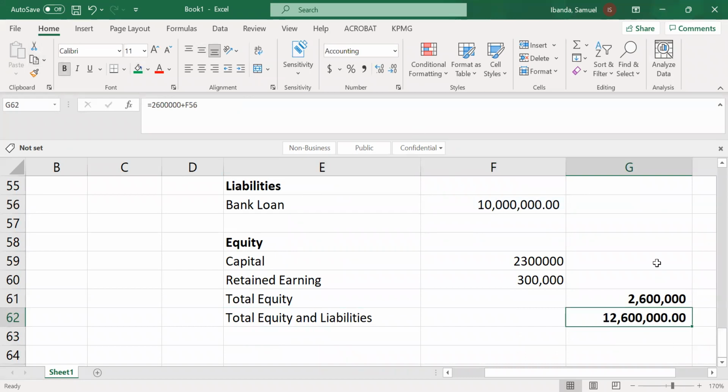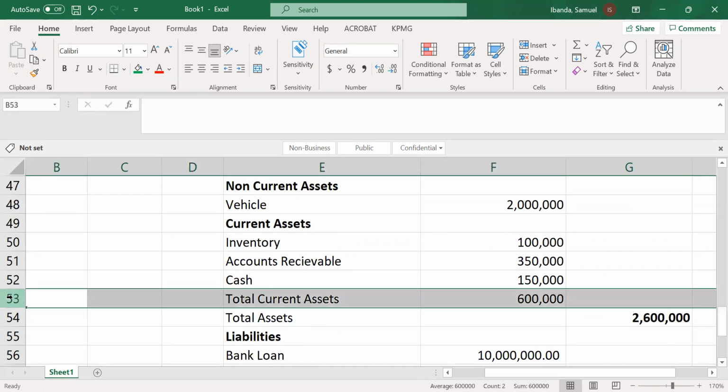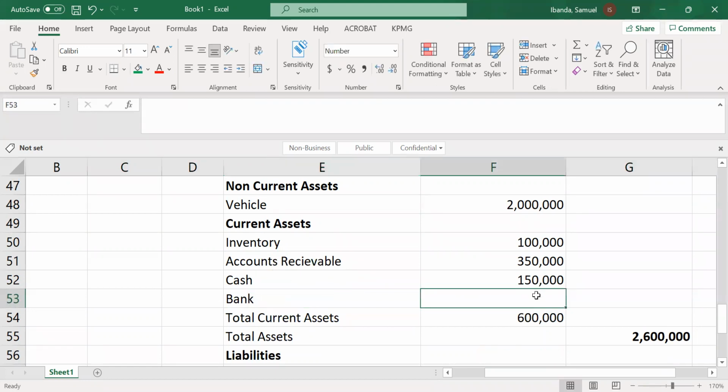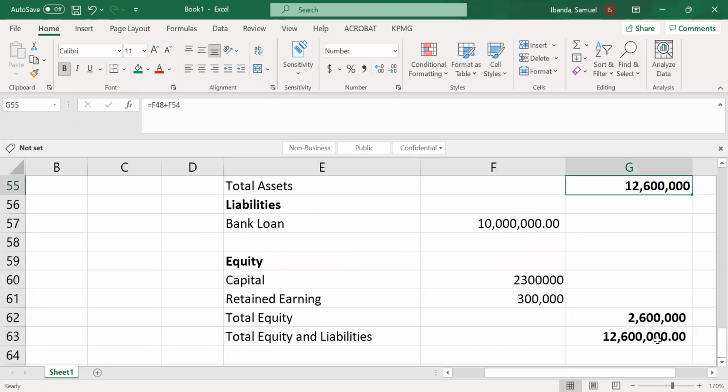And I'll also go ahead and update my current assets. My current assets will also have a new item called bank of 10 million. So this will increase my total current assets, give me 12.6 here and 12.6 here, as you can see.